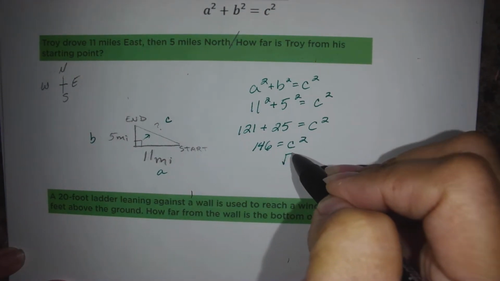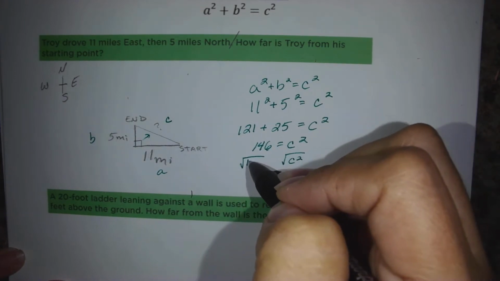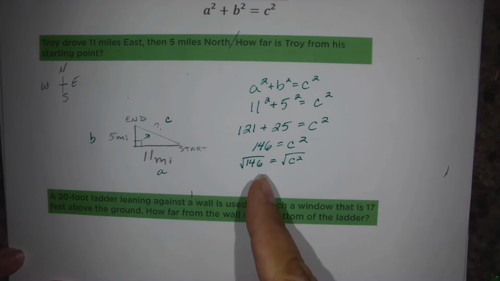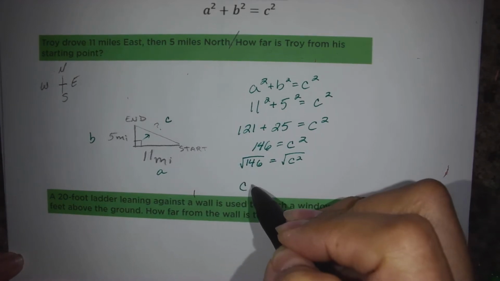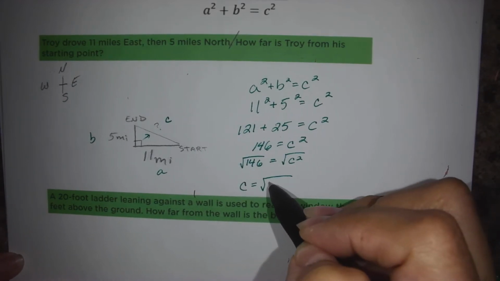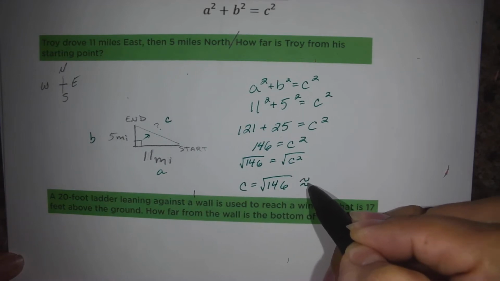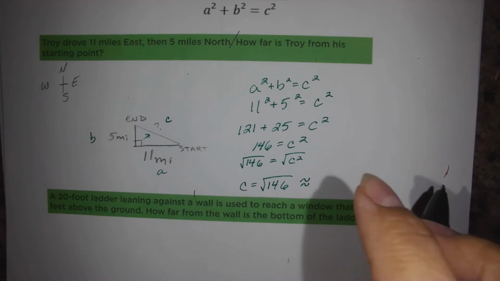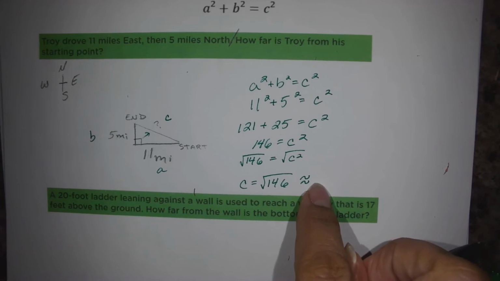The next step is to take the square root, and we saw this process when we were working on geometric mean. Is 146 a perfect square? It is not. So I do know, however, that c is equal to the square root of 146. And you're going to go ahead and plug that into the calculator, and you're going to get an approximation. I'm not going to write this down because you should be able to plug it into a calculator and figure that out.